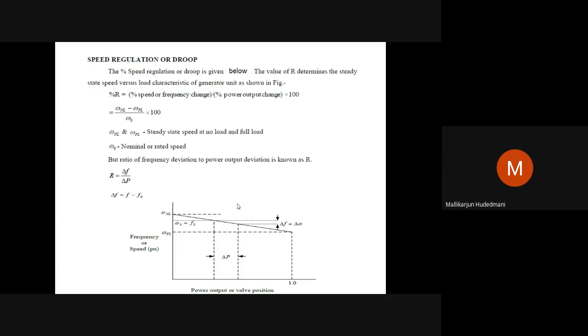Therefore, in what proportion this change is applied, that is what we define by the ratio R, the regulation characteristics. You may ask me why it is called a droop characteristic then. The droop characteristic is just because there is a natural phenomenon that as and when there is a load increase on the generator, frequency does fall.